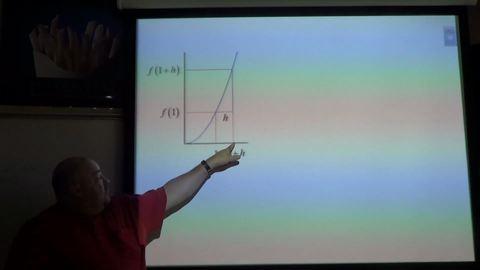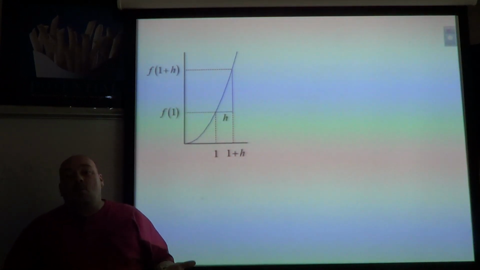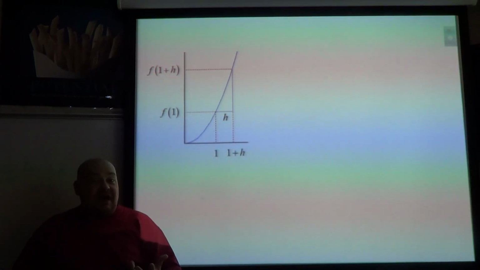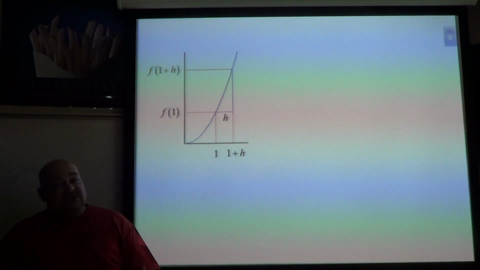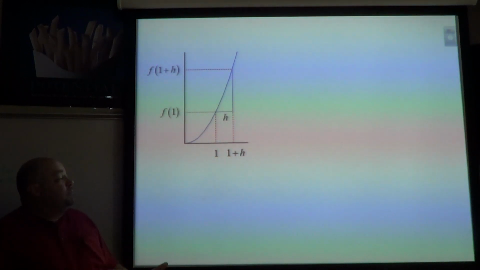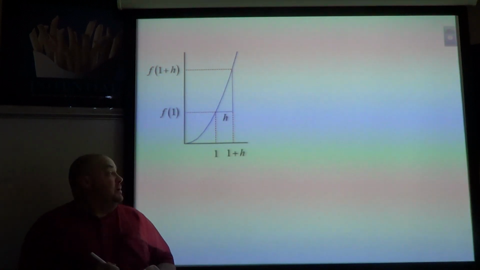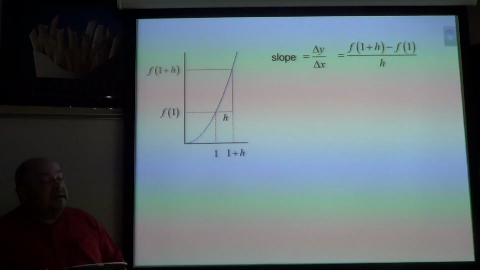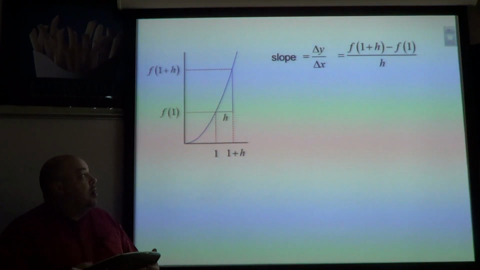So our x value over here is 1 plus h. Well, then we need to find our y values. So we would find f of 1, in other words, our function value when x was 1, and our function value when x is 1 plus h, and we could put that together to get what our slope's going to be. So our slope would be f of 1 plus h minus f of 1 all over h.